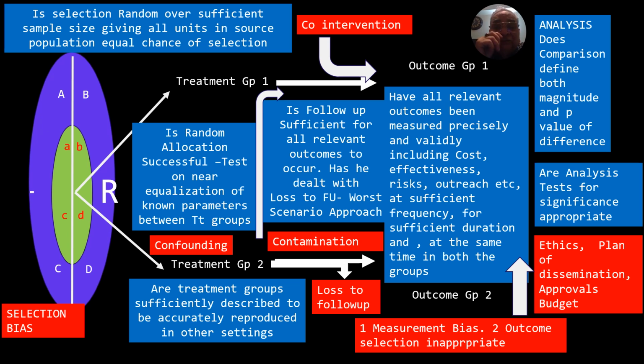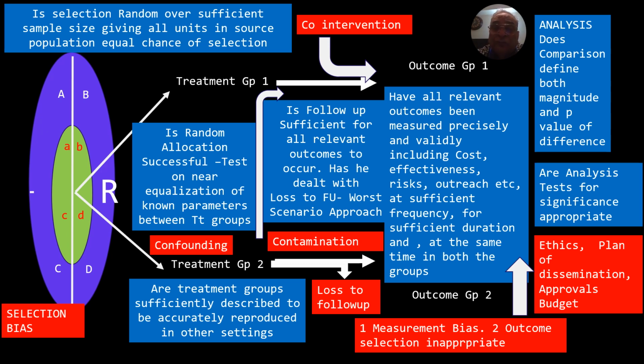But the p-value tells you that if you repeat the study 100 times, how much the results would differ between the lower and the higher limit of the 95% confidence intervals. So this is the significance. And are the analysis tests for significance appropriate? I mean, should he have done the student t-test? Should he have done the chi-square? So are they appropriate? That is another thing that you can test.